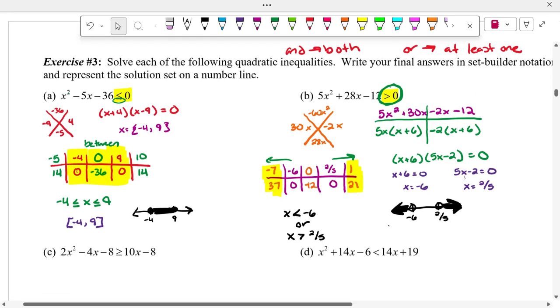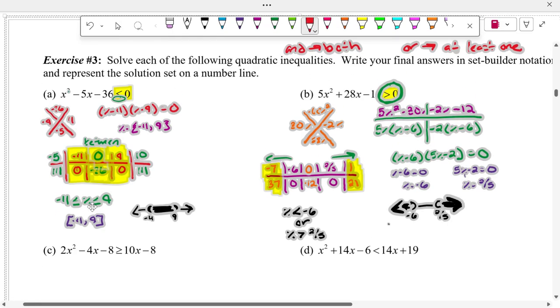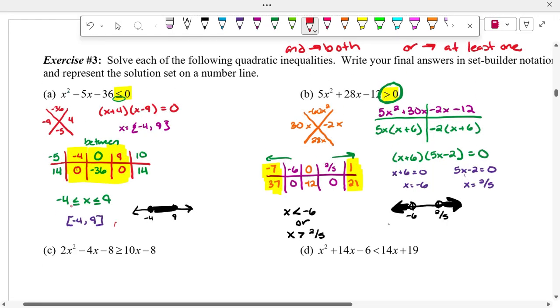So what it's saying is that for this one, x has to be both greater than or equal to -4, and x has to be less than or equal to 9 in order for this inequality to be true. That's an and. So this is technically an and statement, meaning both conditions have to be met.